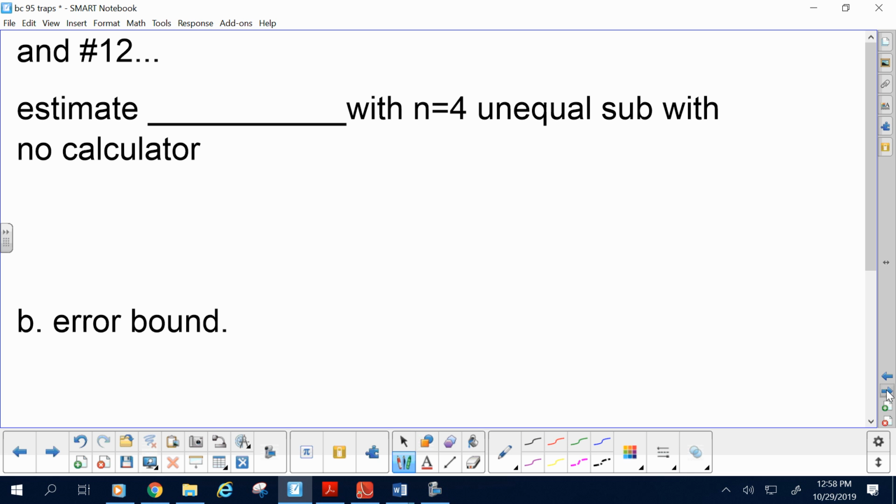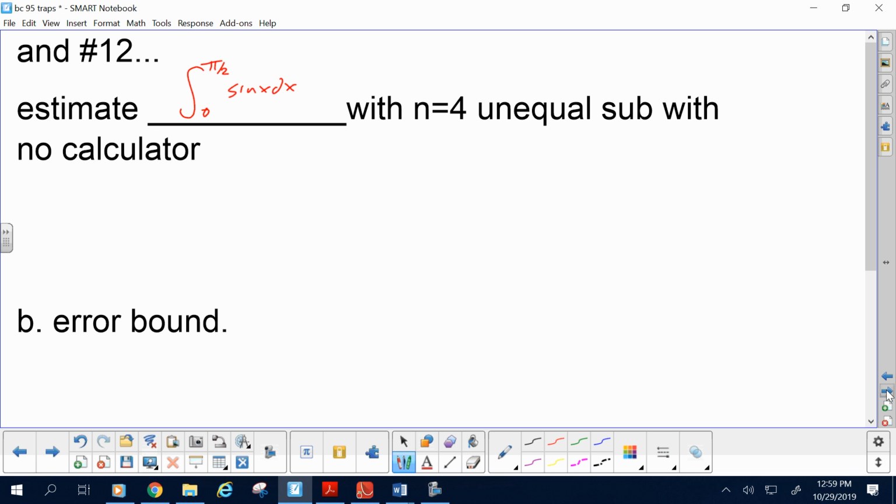Number 12. Go to number 12 on the homework. I definitely remember looking at this and going, I'm sorry. What does it want the balance?